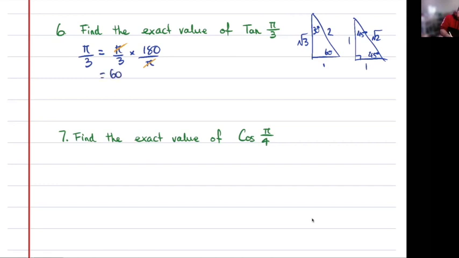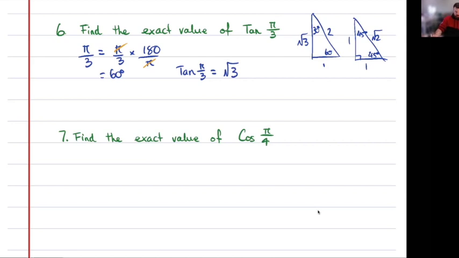So we know that pi on 3 is equal to 60 degrees. Going to our unit circle, 60 degrees is opposite over adjacent. So tan of pi over 3 is equal to root 3 over 1, opposite over adjacent. So it's just equal to root 3.